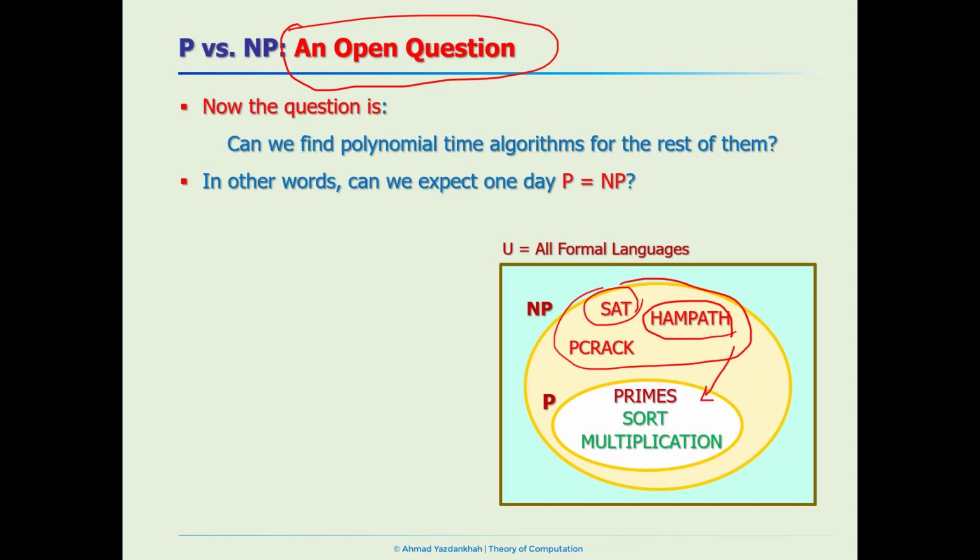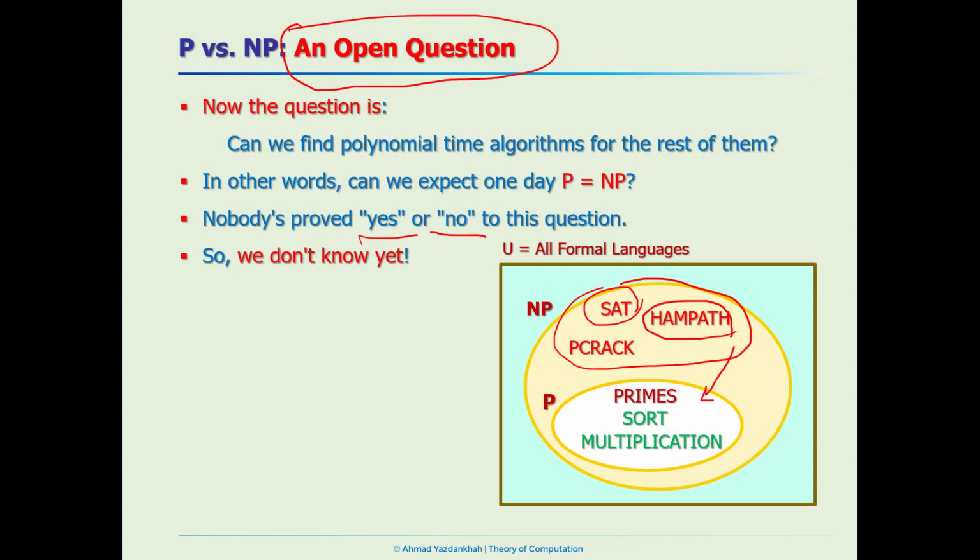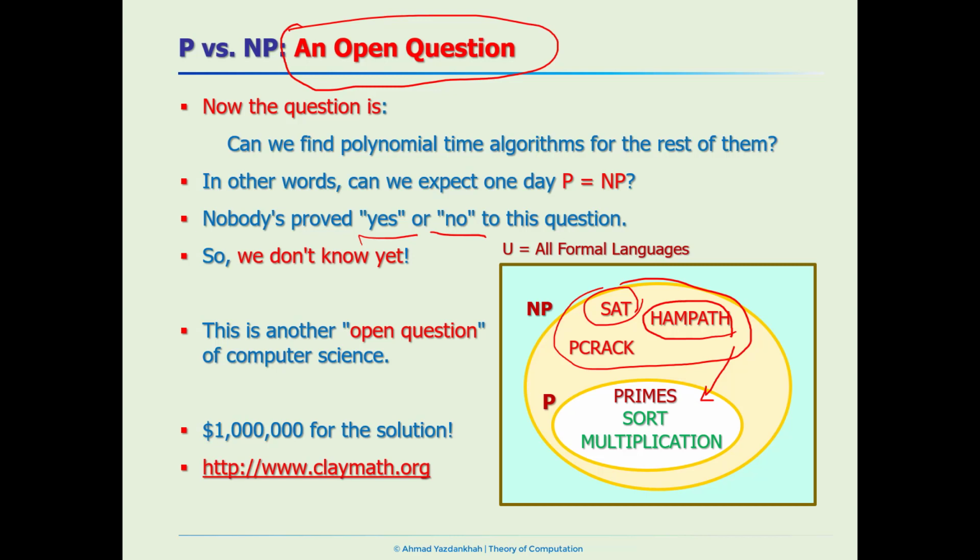In that case, P will be equal to NP. So far, nobody could answer this question. We don't have any yes and we don't have any no. It's an unknown and open question. And if you solve it, you can get $1 million. Just go to this website and redeem your $1 million.